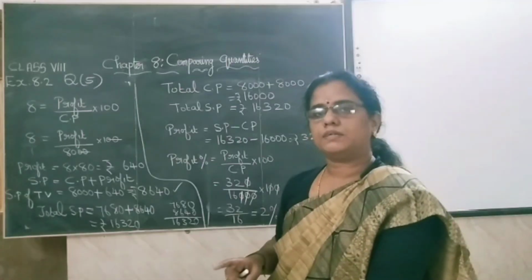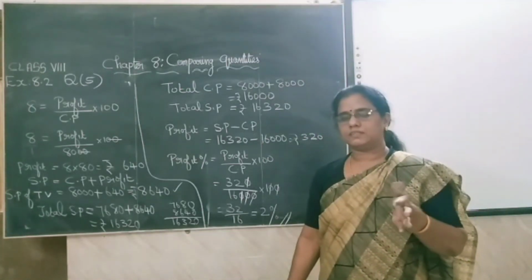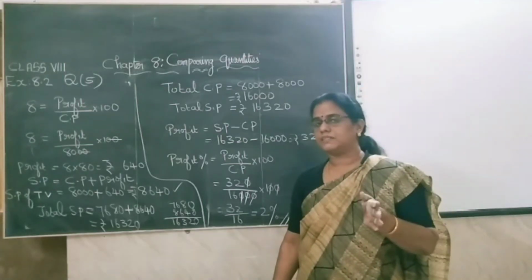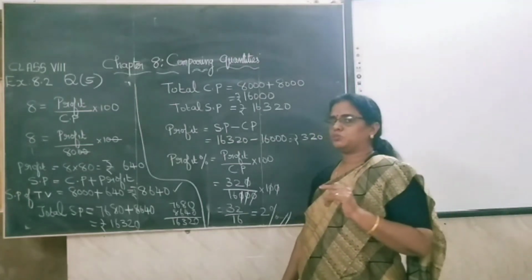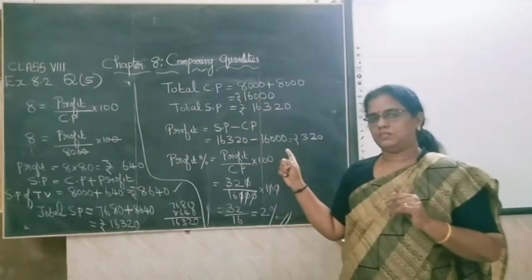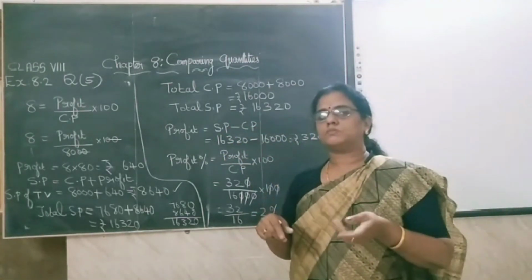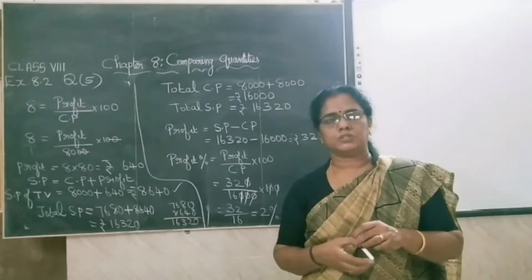So each item's selling price we will find first, then total selling price, then total selling price minus total cost price. We can find profit, then profit percentage. So first you think what are the terms you have to find out. I hope all of you understood this.